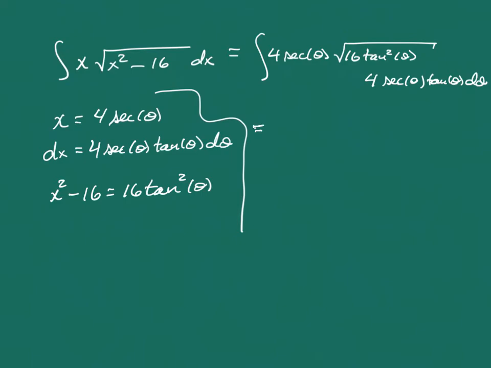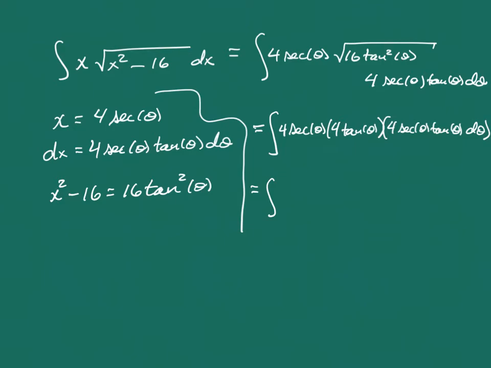When I simplify this now, we can get rid of that square root. So now we've got an integral of 4 secant of theta times 4 tangent of theta when we take the square root, times 4 secant of theta tangent of theta d theta, which gives us 4 times 4 times 4.